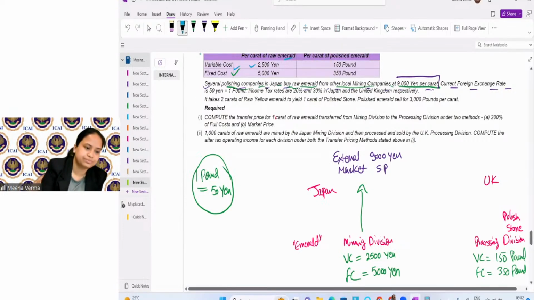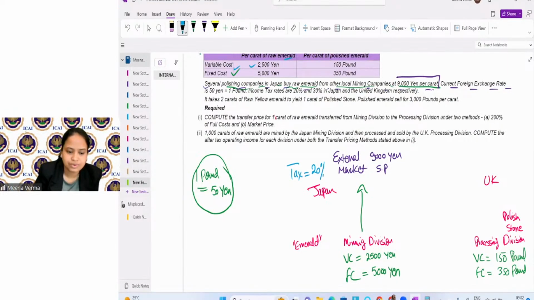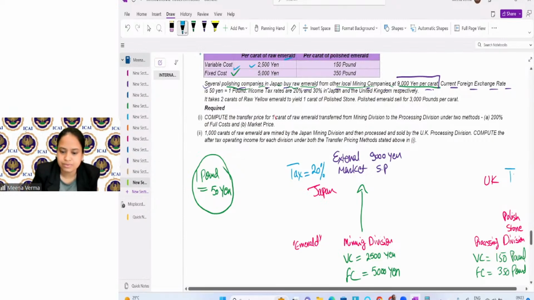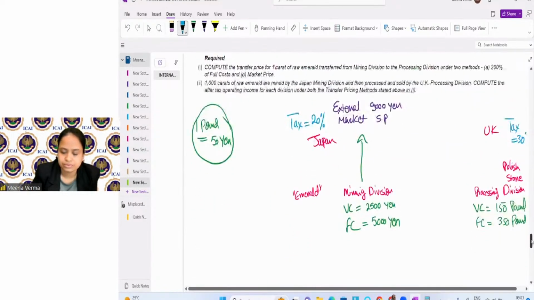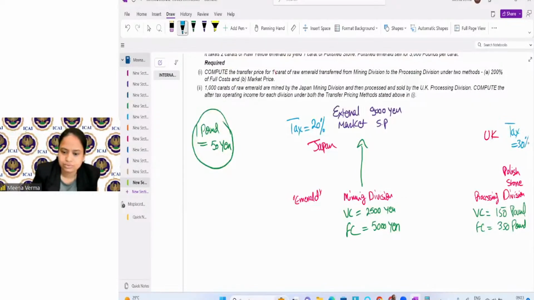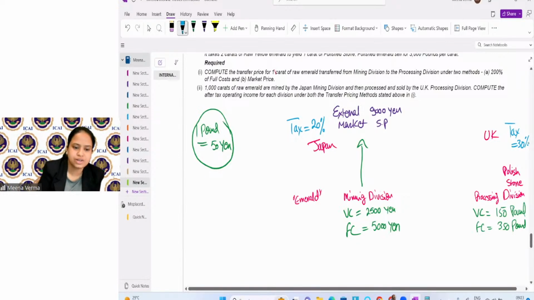Okay, so the tax rate is what? Tax in Japan is 20%, and the tax in UK is 30%. All right, tax rate is 30%.